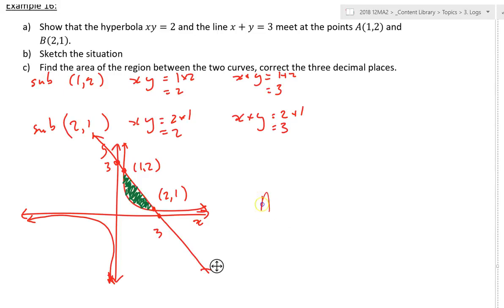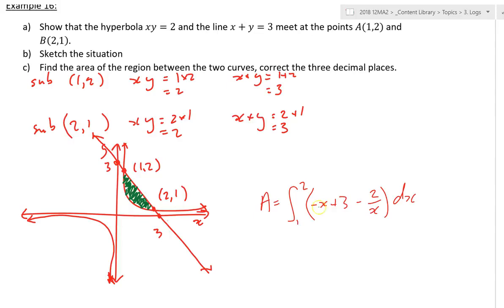So my area is equal to the integral from 1 to 2 of, writing the line as y equals negative x plus 3, negative x plus 3, my line, minus the other one, 2 over x, dx. It's the integral of the top line minus the bottom line dx between 1 and 2, and it's going to give me the area between them.